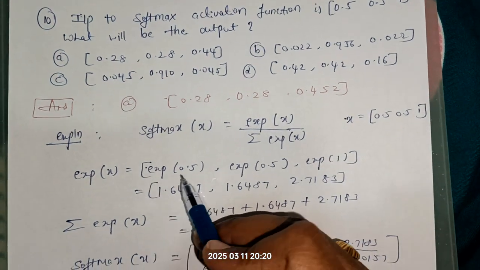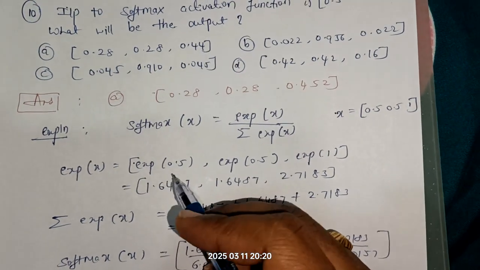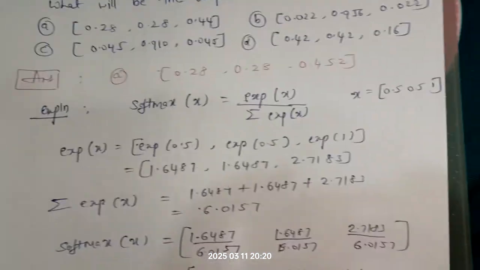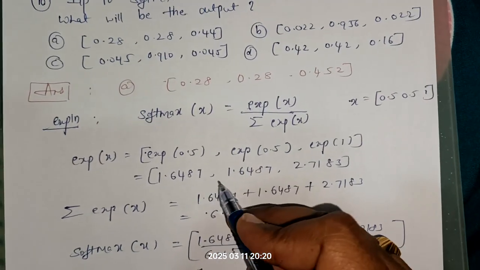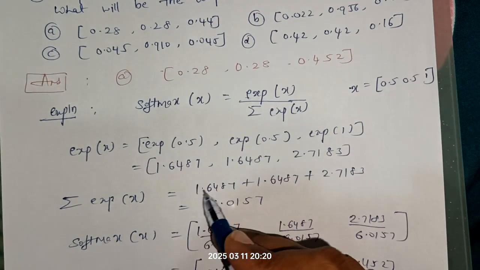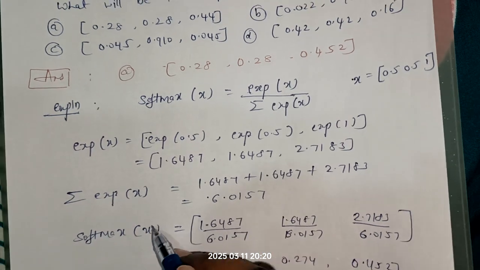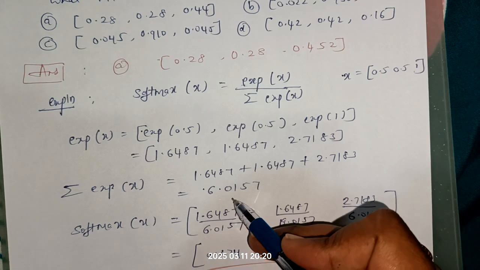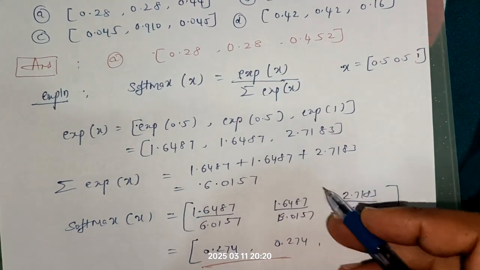You should find the exponentials of these with the help of an online calculator: exponential of 0.5, exponential of 0.5, exponential of 1. So the answer is like this. Add all of these, because the denominator is the sum, and you will get this. The softmax function is then each individual divided by the total.